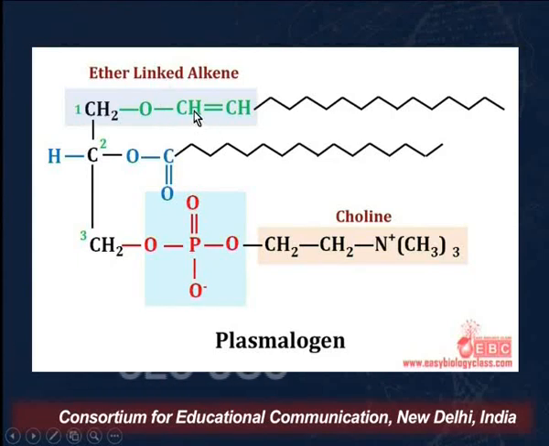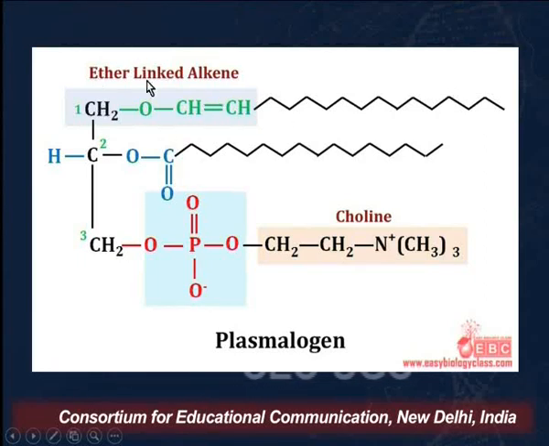And what we find is that this double bond is between the alpha carbon and the beta carbon, and the rest of the chain is saturated. That is, we know that this will be CH2, CH2, CH2, and this will be a CH3 group, and in all it has 16 carbons here.